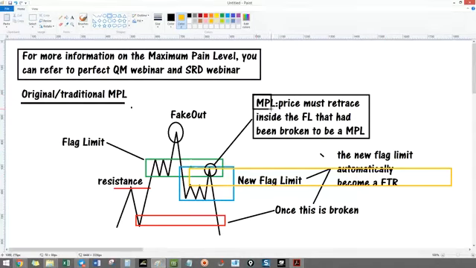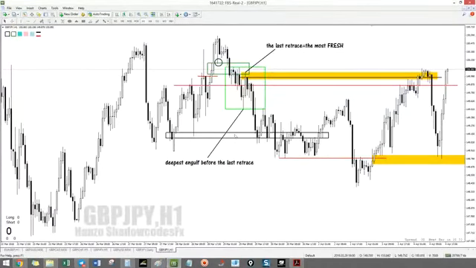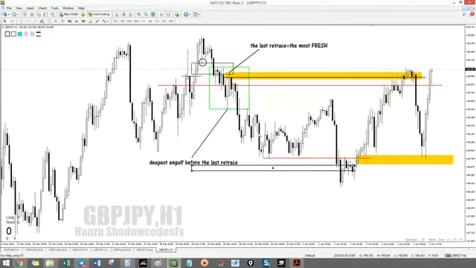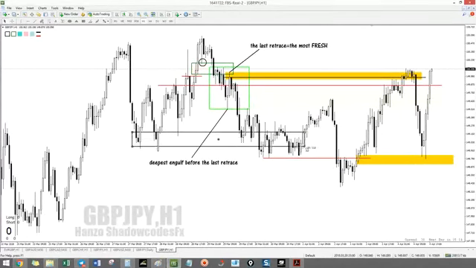So MPL is also an FTR, just having this retrace inside here. So you need to engulf the demand. Okay, maybe you can take this demand, but you already saw what happened in the future, which means price already did something like this.